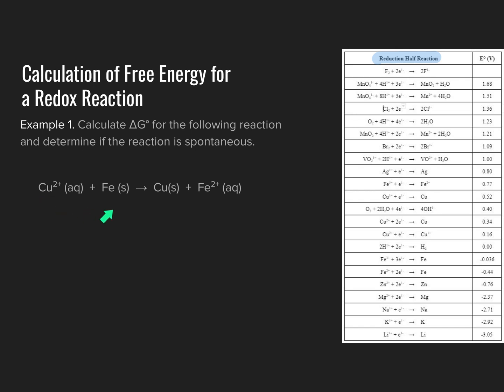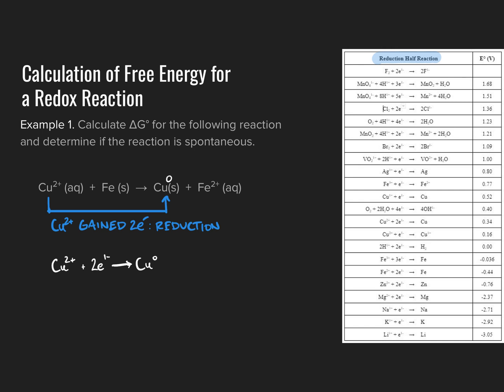Over on the product side, it is elemental, so in a 0 oxidation state, implying the copper ion is going from a +2 down to a 0 oxidation state, therefore it must be reduced in this system. So I'm going to write the reduction half reaction for that process. The copper 2 ion, Cu2+, picks up 2 electrons, and in doing so forms elemental Cu. And I'm going to now find that half reaction on our given table of reduction potentials.